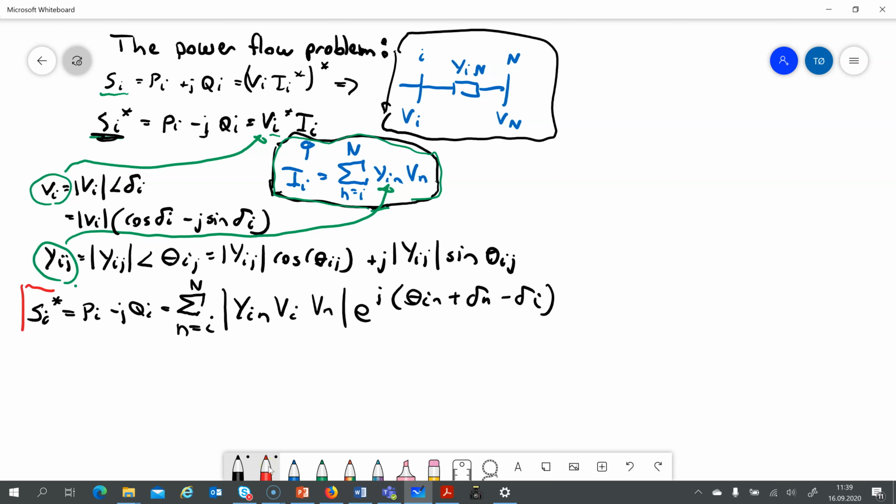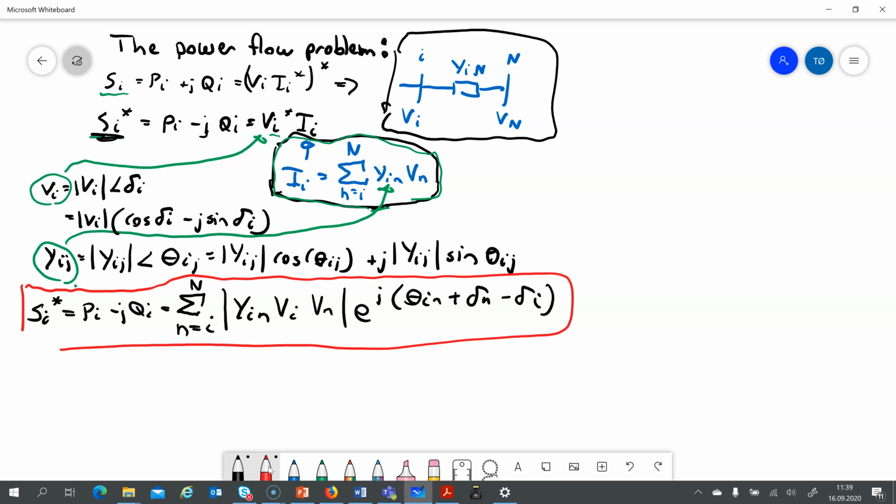So this is the overall equation for the load at node i. So you can see what does this consist of? Remember that this Vi is both a voltage length and angle, like you see here. The same for the other side.